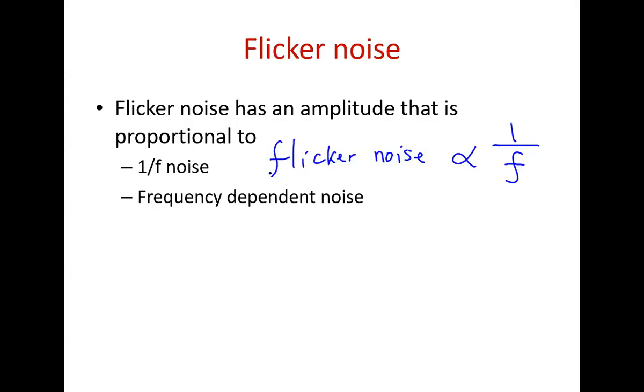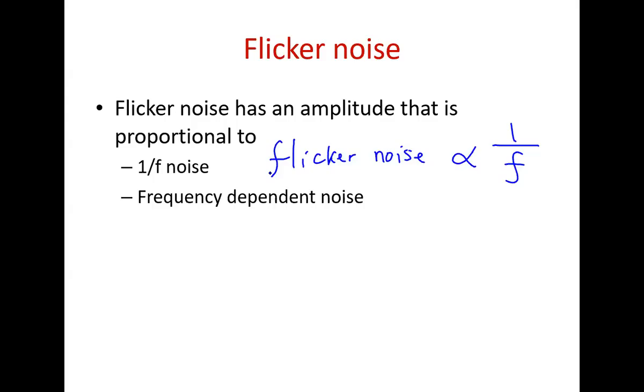Please make a note of this so that we understand that better. So if it is proportional to 1 over F, if the frequency is very small, what happens to flicker noise? Big, right? If the frequency is large, flicker noise is low. This is what this means.